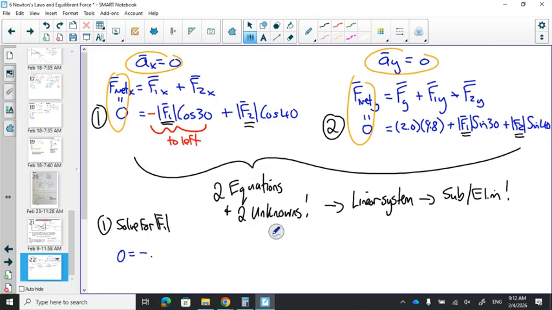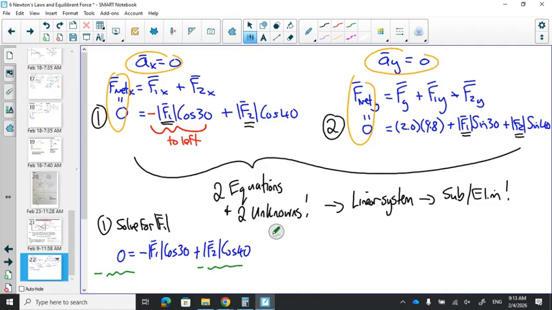So we've got our negative f1 cos theta, cos of 30, plus absolute value of f2 cos of 40. And just to be nice and clear here, for solving for f1, we are going to subtract this from both sides. So subtract this stuff from both sides.